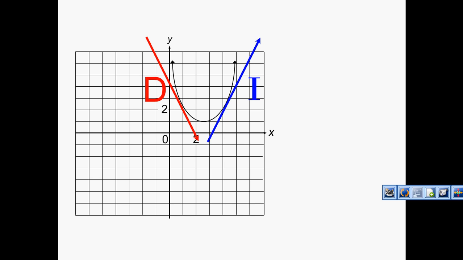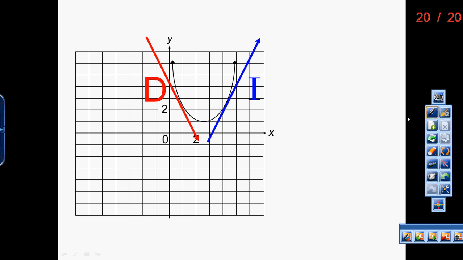If I look at this midpoint here, I can see that that's about 2.5, right? That middle point right here, my vertex. So I know that it's doing one thing this way from 2.5, and it's doing something else in the other direction from 2.5. So this is going from 2.5 to negative infinity. This is going from 2.5 to positive infinity.